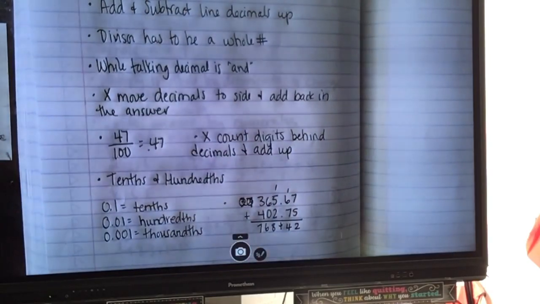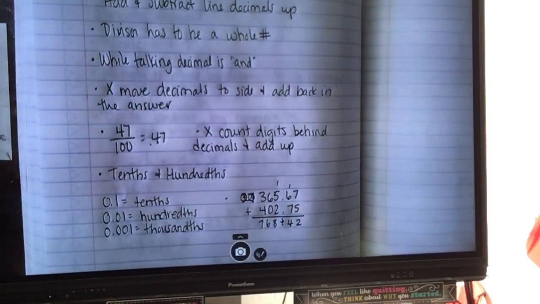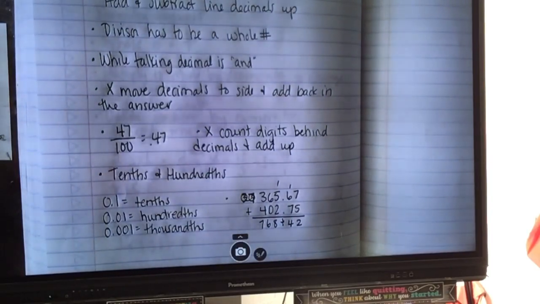Did I do that right? 768 and 42 hundredths? Is that what you got? 42? 30 what? What's 7 plus 5? Well, I wrote the wrong number because I can't hear what you're saying. Regardless. Alright, anything else you guys want to add?